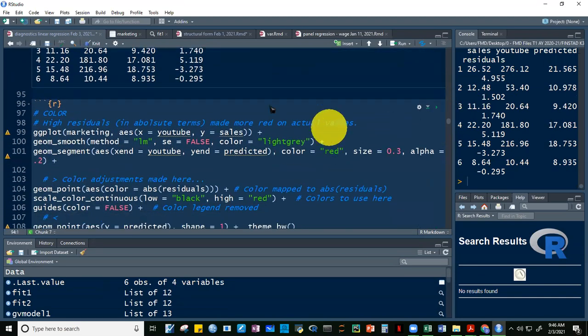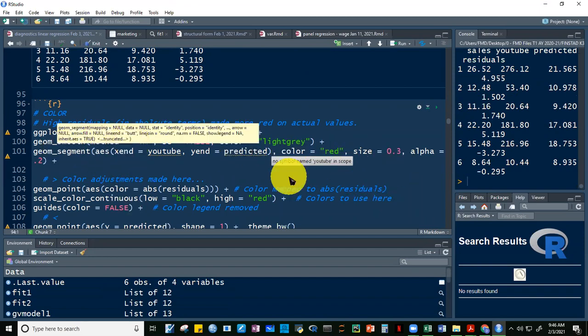Alright, this is important because we'll see how OLS is computed. Let's first look at this. We're using ggplot, which we have already studied.